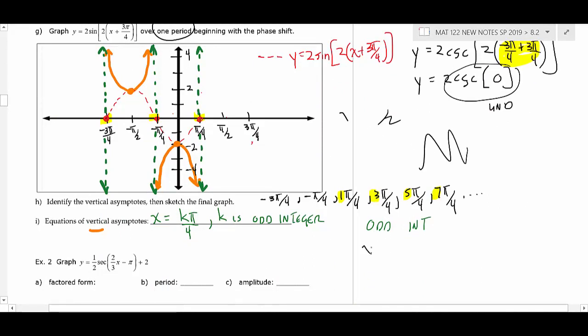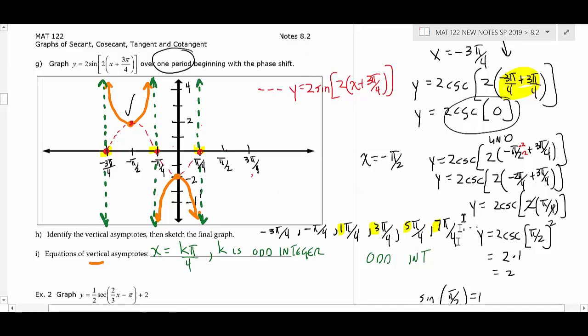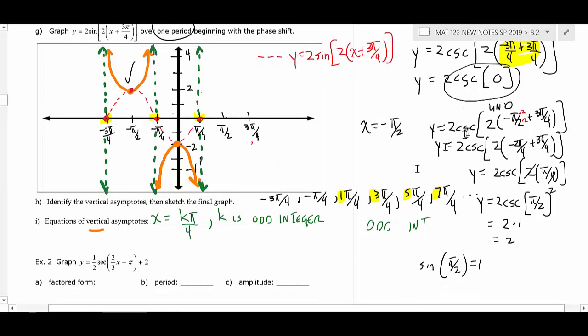Okay, so let me do it down here. I went ahead and wrote down the checking on this, and you can write this down or look at this if you want to. If you plug in -pi over 2 into the function, after you do the arithmetic, you would end up with 2 cosecant of pi over 2.